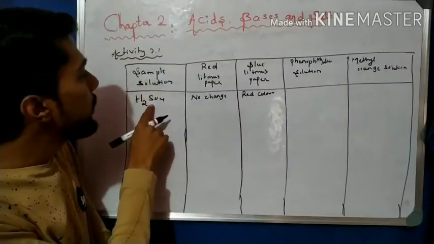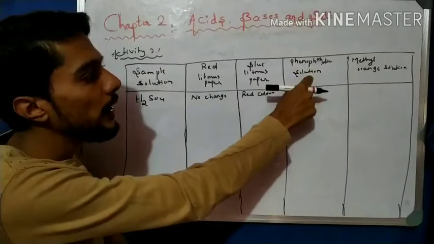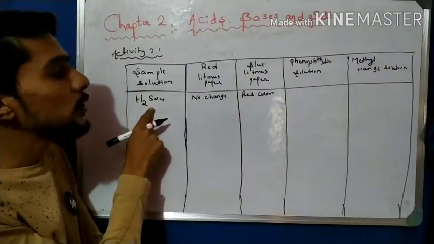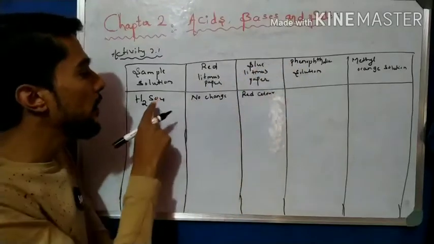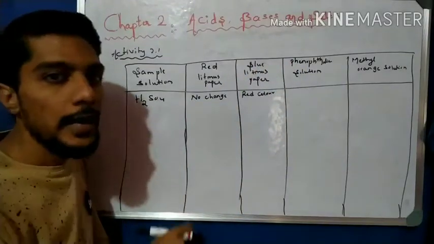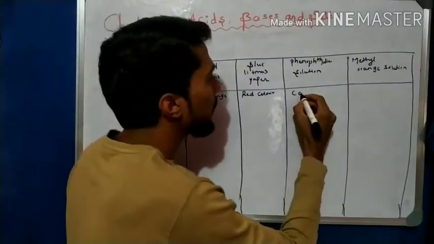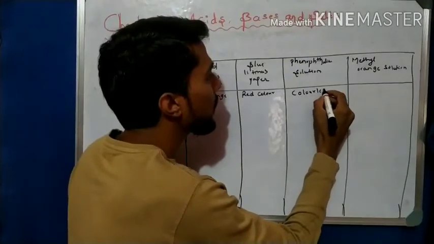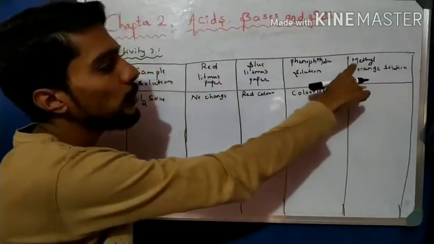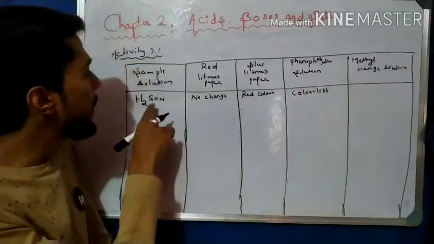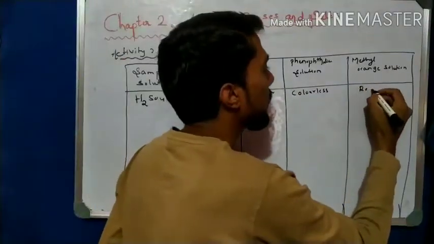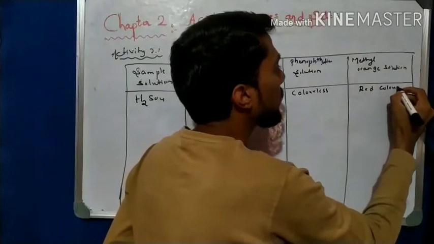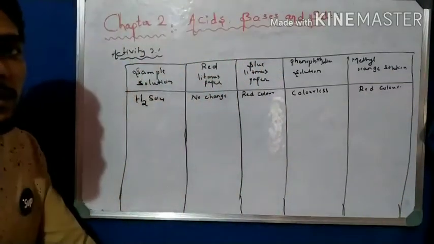Next, when a few drops of phenolphthalein are added to the acid, what happened? In the video we learned the action of phenolphthalein in acid is colorless. Next, when a few drops of methyl orange are added to the sulfuric acid, the solution turns red. So this is the first observation.